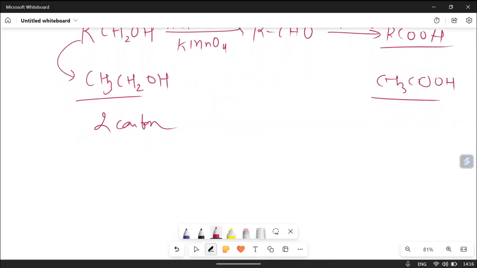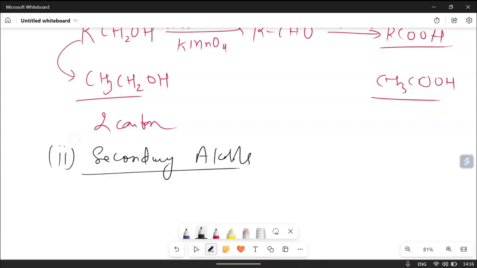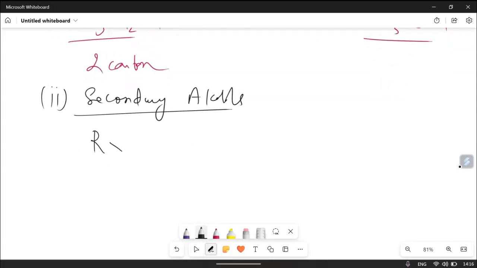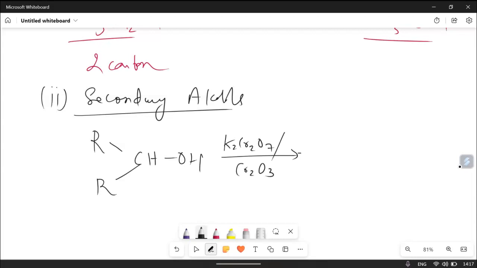In secondary alcohol, when we are talking about secondary alcohols, the product will be ketone. Suppose this is your secondary alcohol, treated with K2Cr2O7 or Cr2O3, or you can use other oxidation agents also, like a strong oxidizing agent such as HNO3.